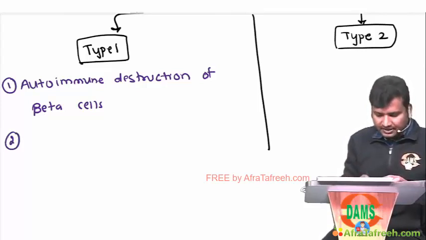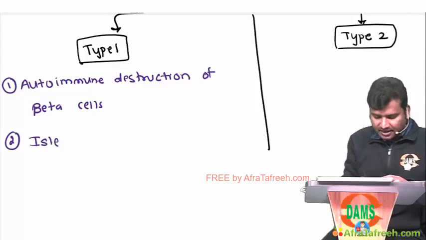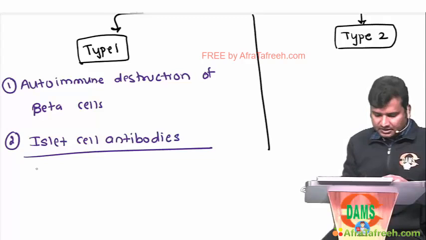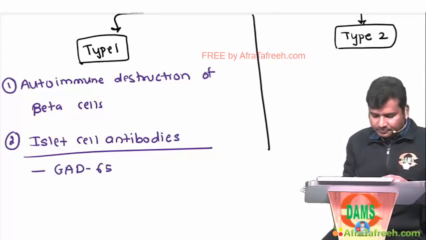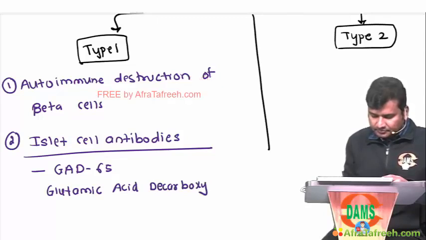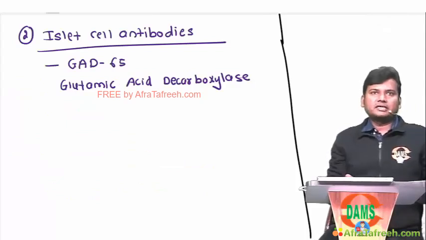They are islet cell antibodies, GAD65, full form glutamic acid decarboxylase.